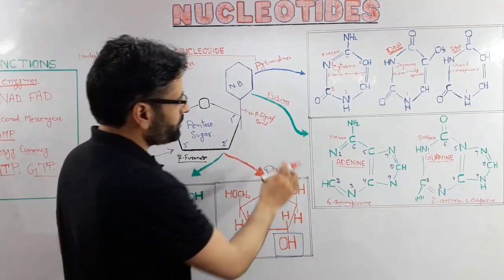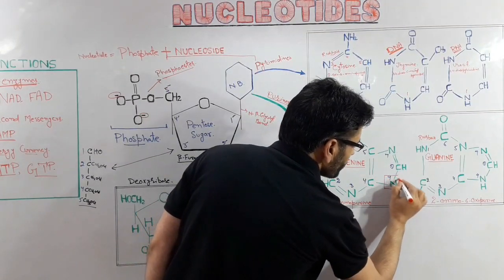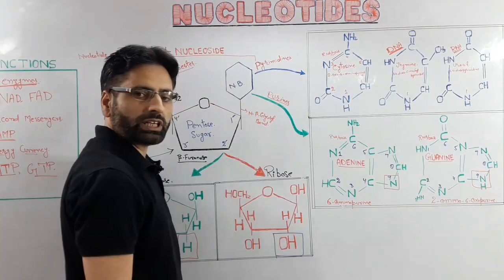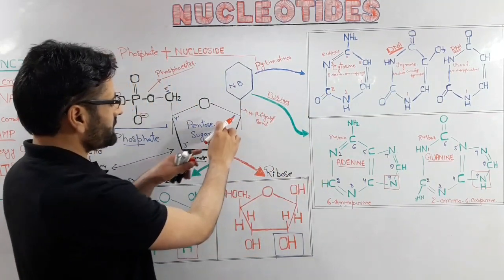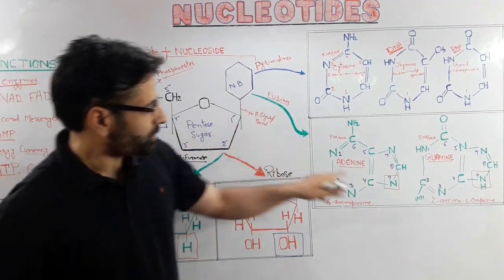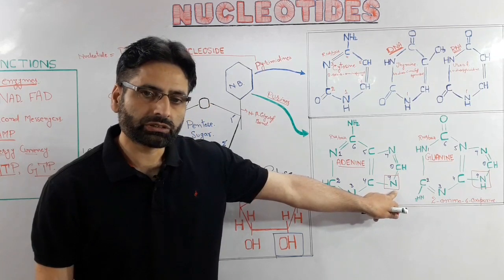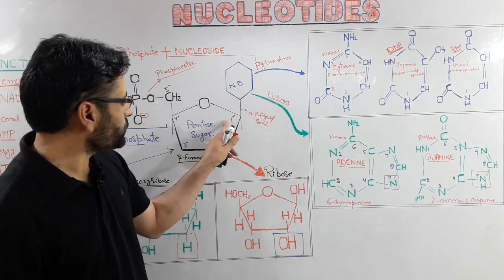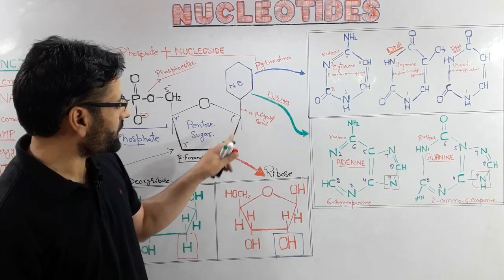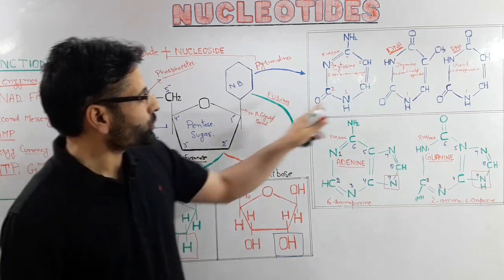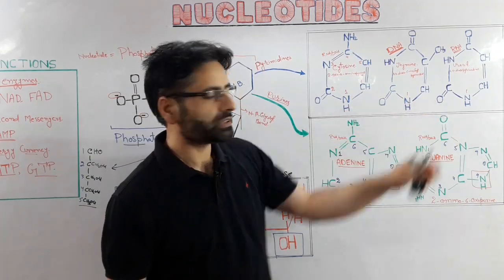But in case of purines, the 9th nitrogen will form the glycosyl bond. That is, purines get linked with this pentose sugar through the nitrogen atom present at the 9th position. But pyrimidines get linked to the first carbon atom of the pentose sugar through the nitrogen atom present at the first position.